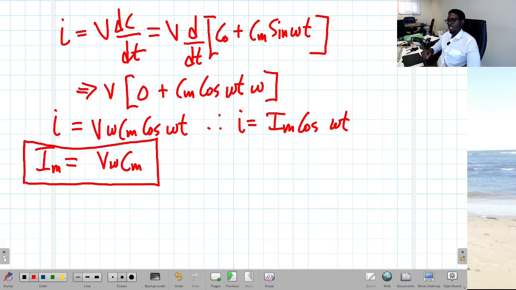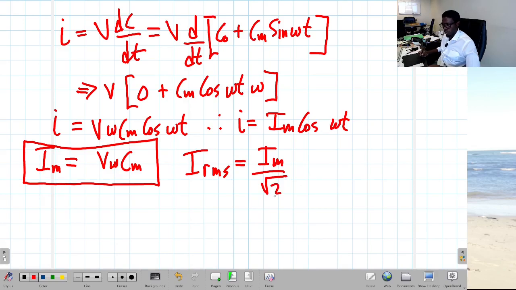So if we can determine the maximum current value on that curve, the peak current, and this is important because in the calculations we use the RMS value of current to solve the generating voltmeter questions. And for this reason, the IRMS value is equal to Im over root 2.